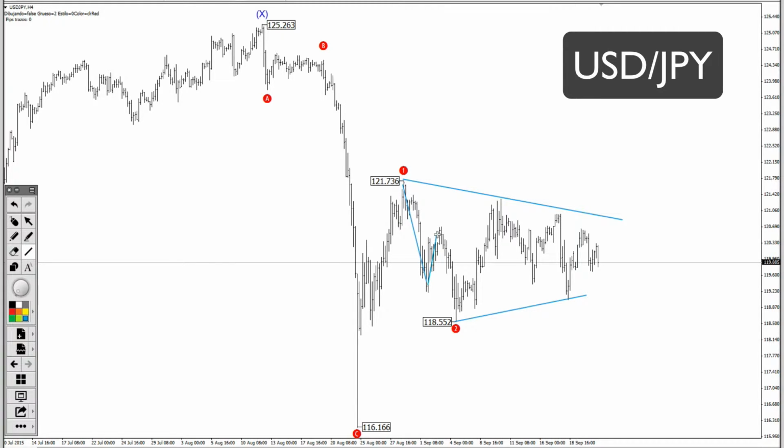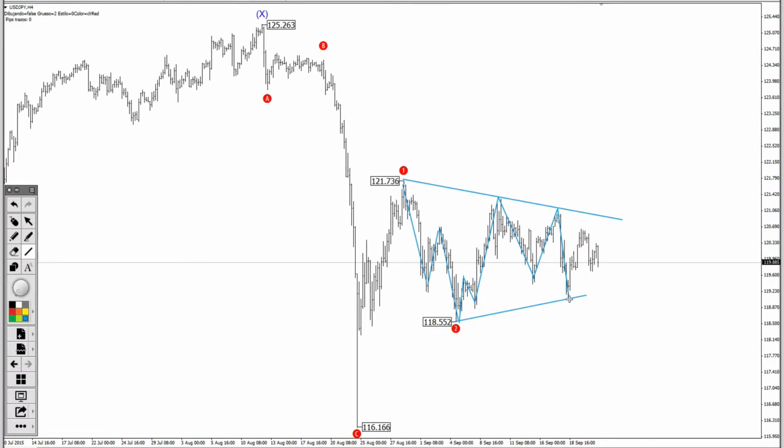There's a 3 wave structure of the first, then the second and the third, and maybe we can expect something like this. But let's see how this develops.